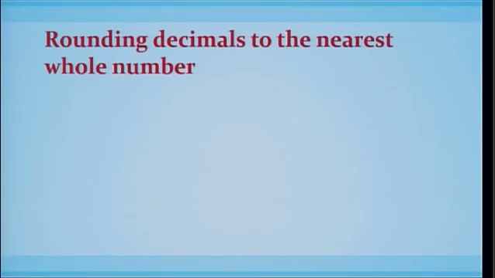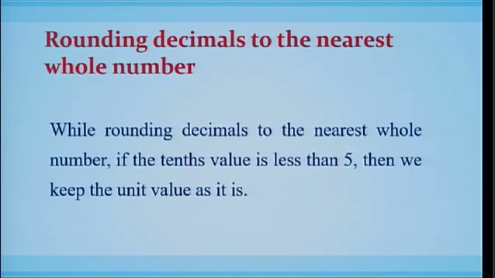Now we are going to round decimal numbers to the nearest whole number. While rounding decimals to the nearest whole number, if the tenth value is less than 5, then we keep the unit value as it is. So let's look at this example.